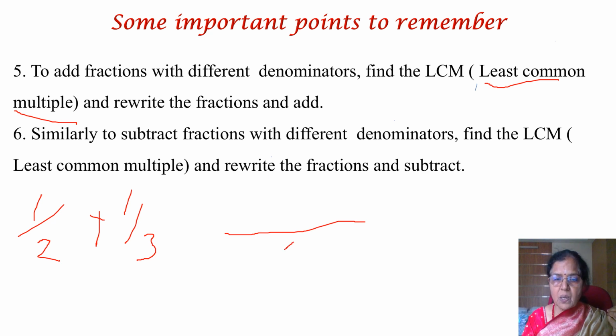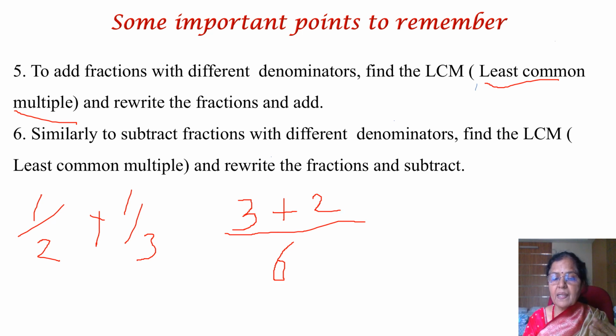So how many times can 2 be divided into 6? It is 3 times. 3 times 2 is 6. So put 3 in the numerator and put the plus sign because this is addition. And do the same for the next denominator, 3. Divide 6 by 3, it is 2. 2 times 3 is 6.